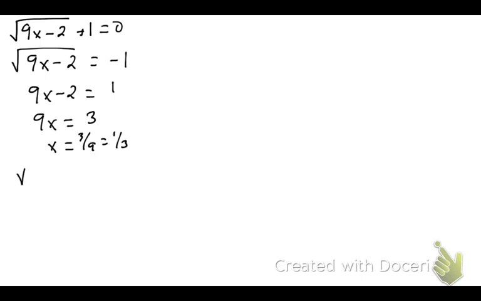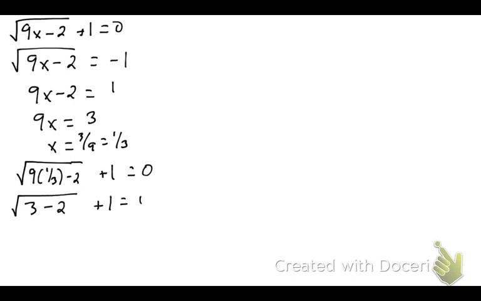If we plug this in, it would be the square root of 9 times 1/3 minus 2, plus 1 should equal 0. Well, 9 times a third is 3. And the square root of 3 minus 2 would be the square root of 1. And it's the positive square root of 1. So 1 plus 1 equals 0. That doesn't work.